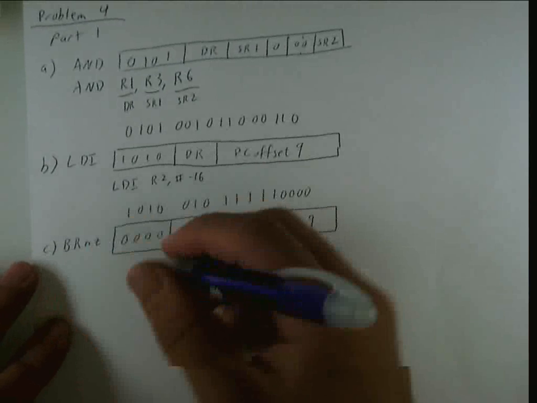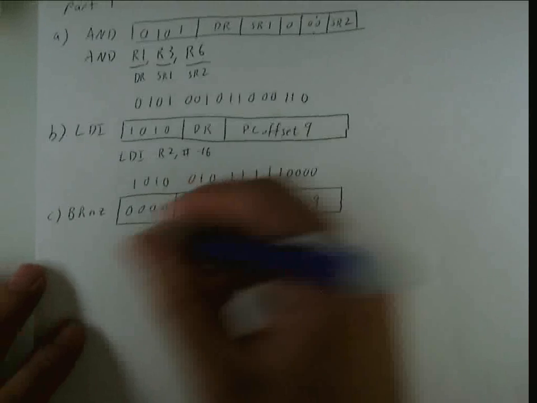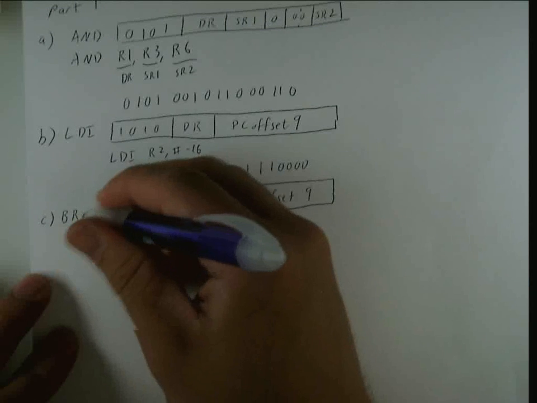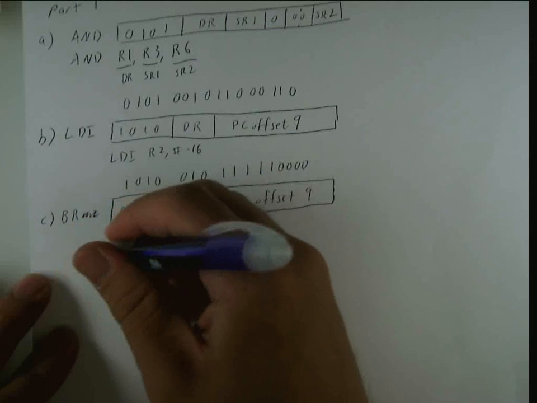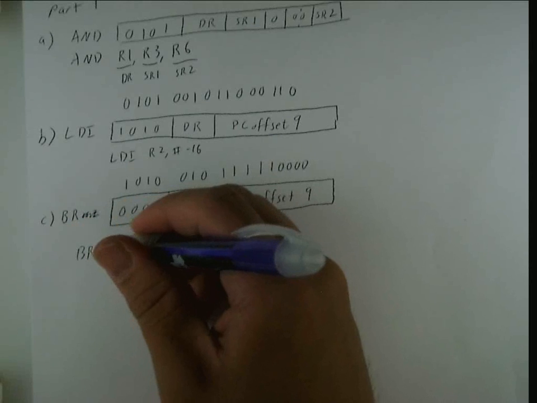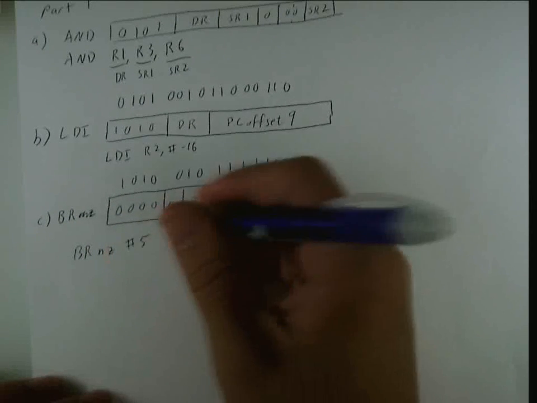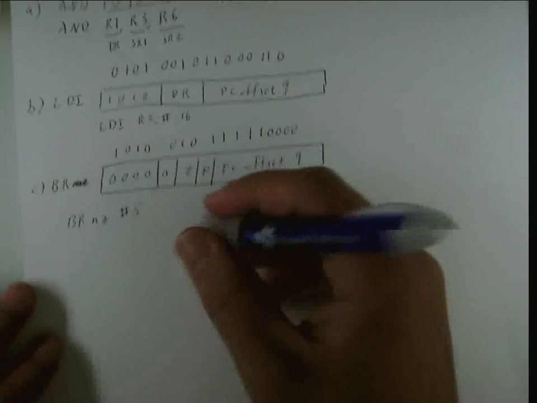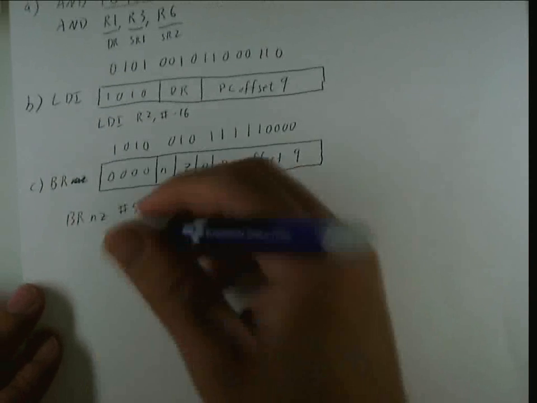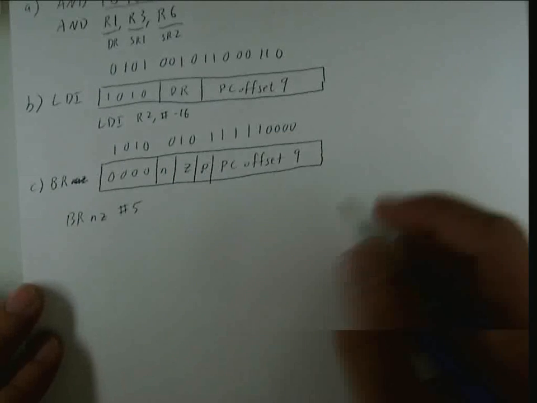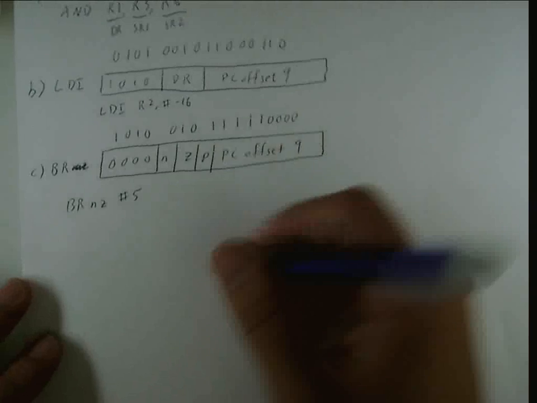Next up is branch. BRNZ, sorry, this should just be BR. Now we're going to do BRNZ and 5. So here, N we're going to need to set to 1, Z we're going to need to set to 1, and the number 5, we're going to sign extend up to 9 bits.